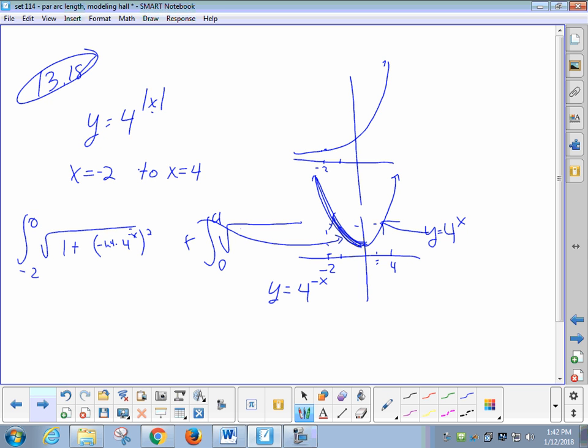And then from 0 to 4 of 1 plus, and then the derivative of, now this is just normal 4 to the x, so that would be more like natural log of 4 times 4 to the x. It's not undefined there, right? 4 to the 0 is fine. Oh, yeah. That's good that you remember that. Okay.